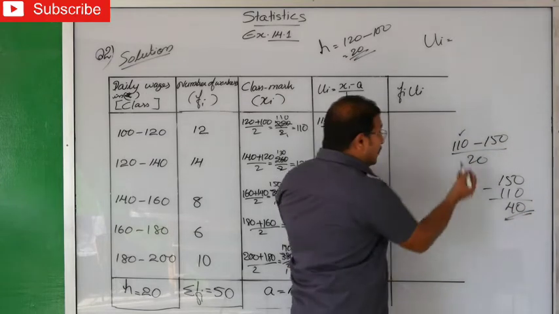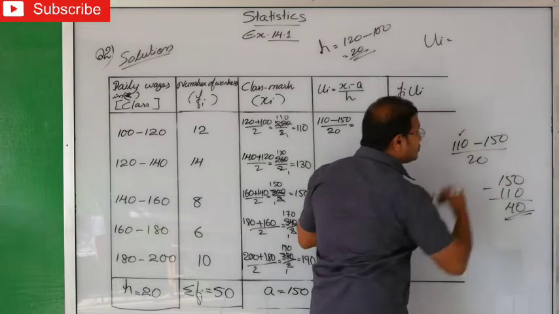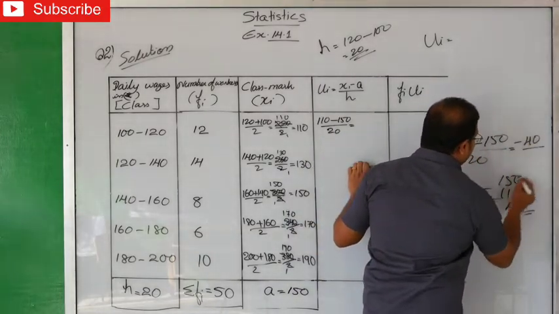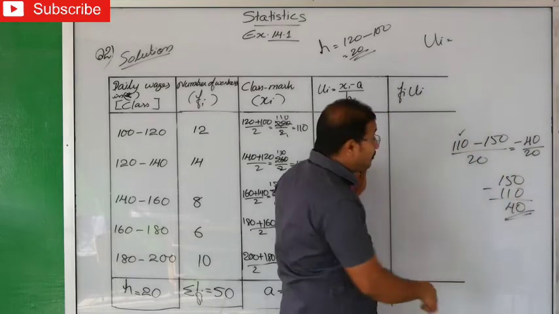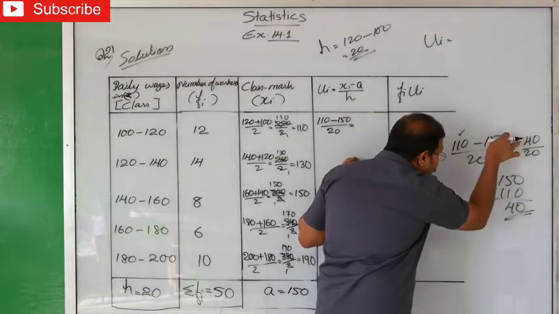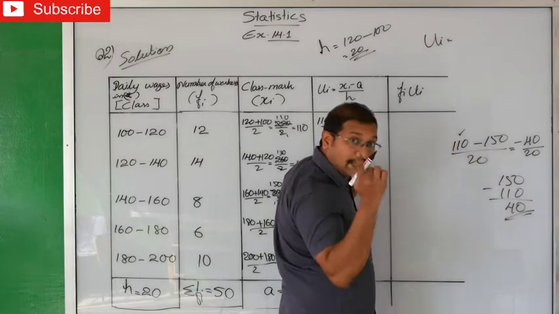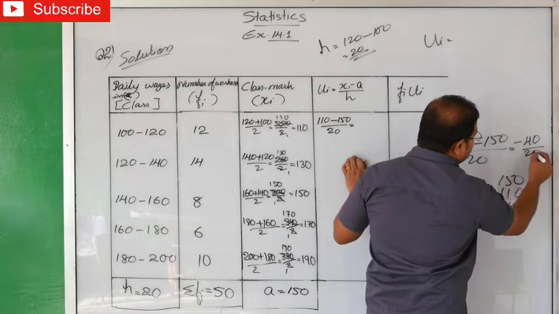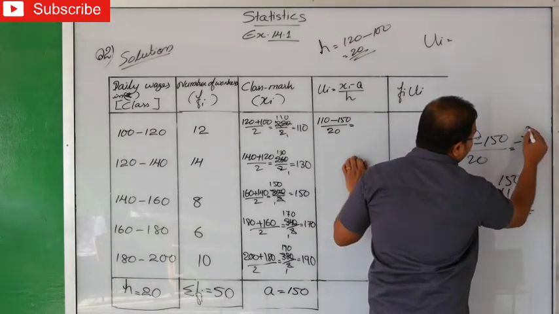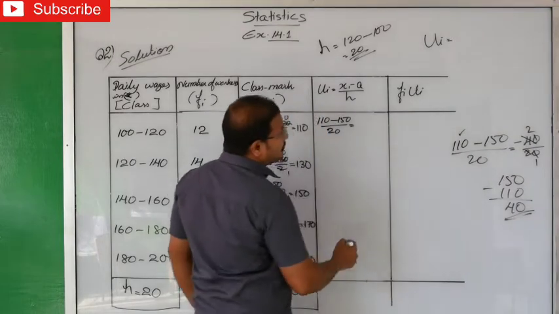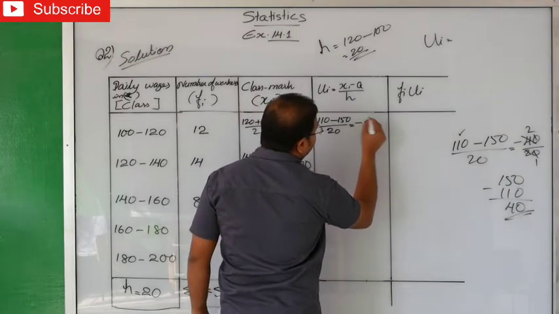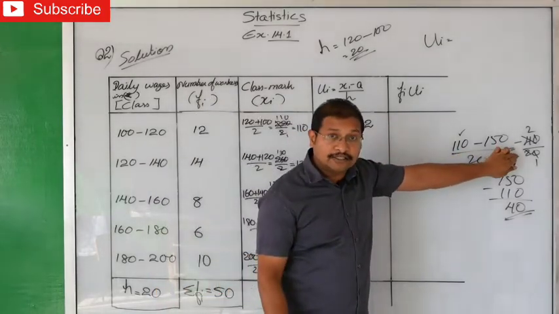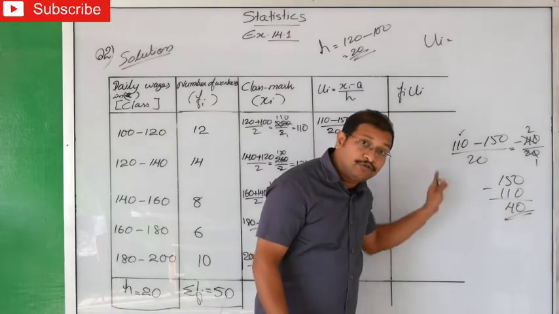But we know that 110 is plus and 150 is minus, so we are going to get minus 40 by 20. Why minus 40? Because here the big number is 150, its sign is minus, so the answer should be minus. Ready? That means minus 40 by 20, 0, 0 will cancel, 2 ones are 2. So the answer is minus 2. I'm just writing the answer directly. Make sure that you will write this and keep. Ready? Don't forget, you have to write this.